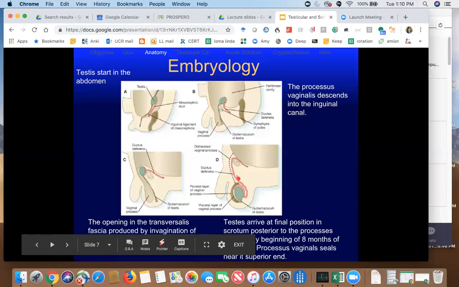The pink one is the vas efferens, and the green is the testes. The parenchyma is where the spermatogonia are generated, and then they go into the epididymis, up through the vas and into the ejaculatory ducts, into the urethra.